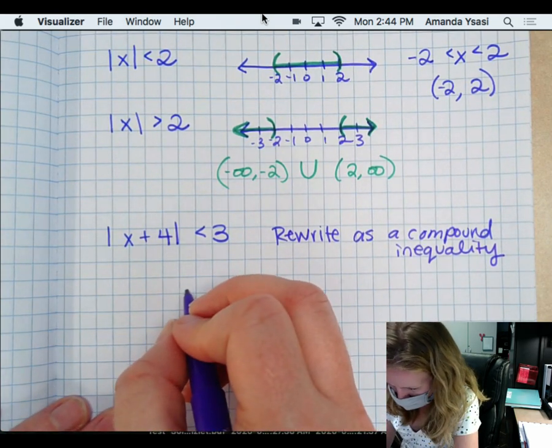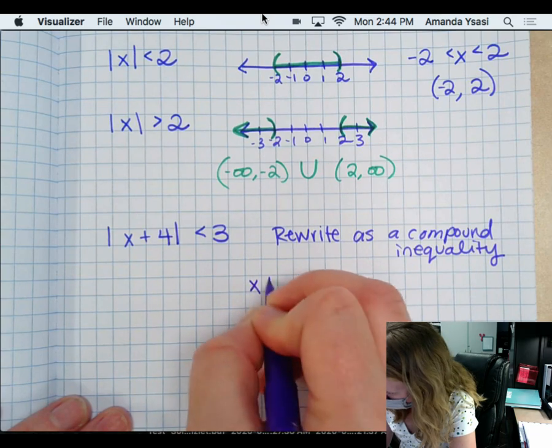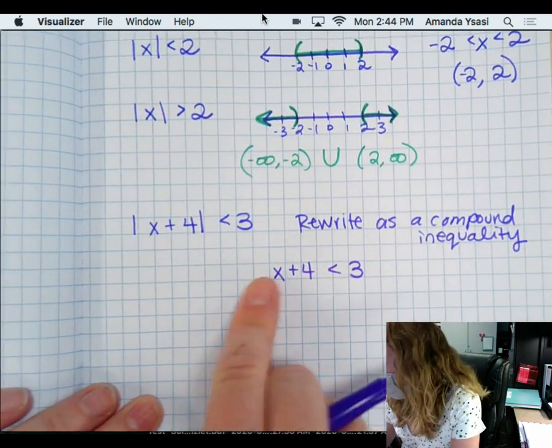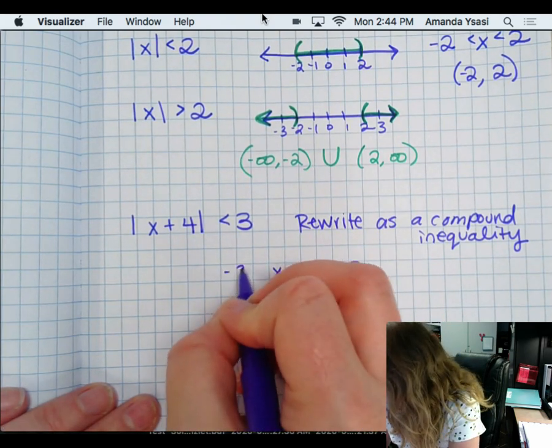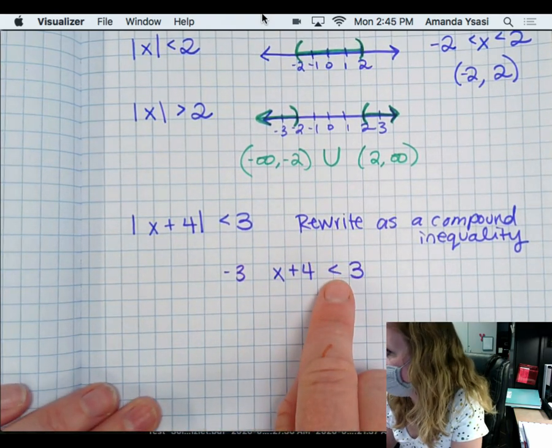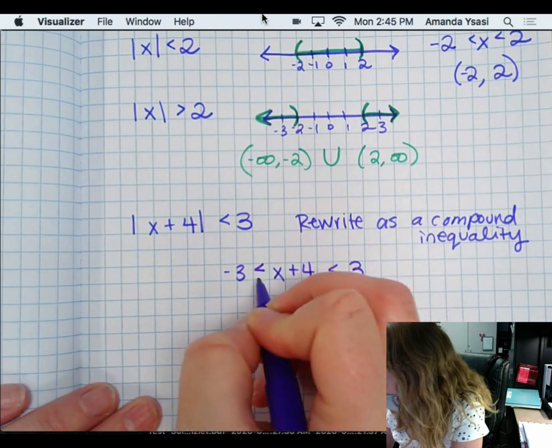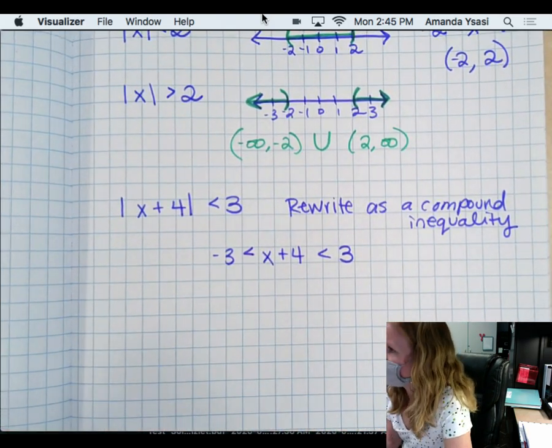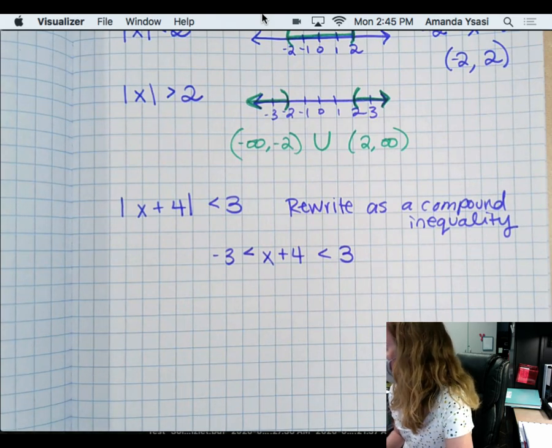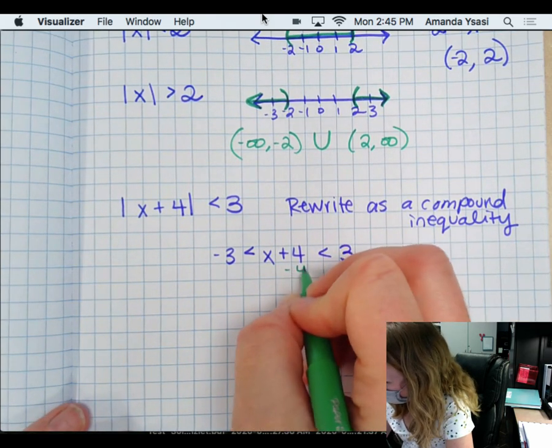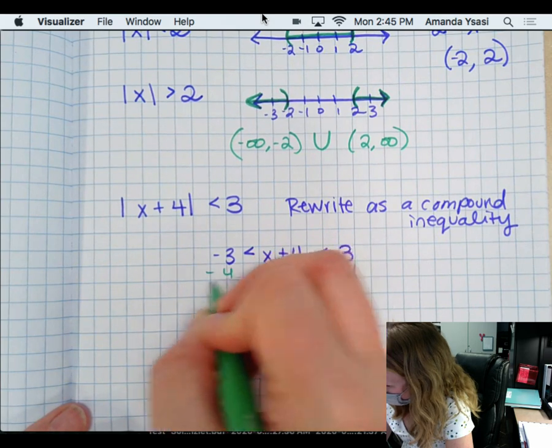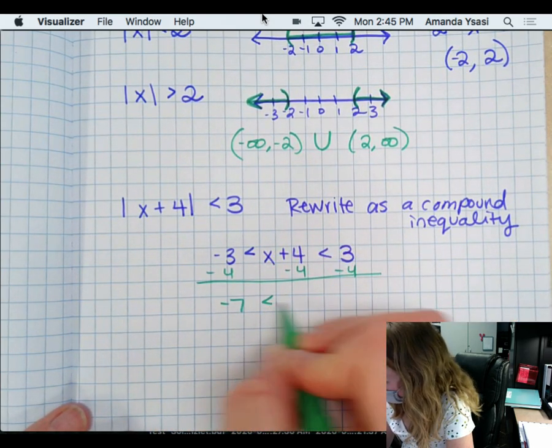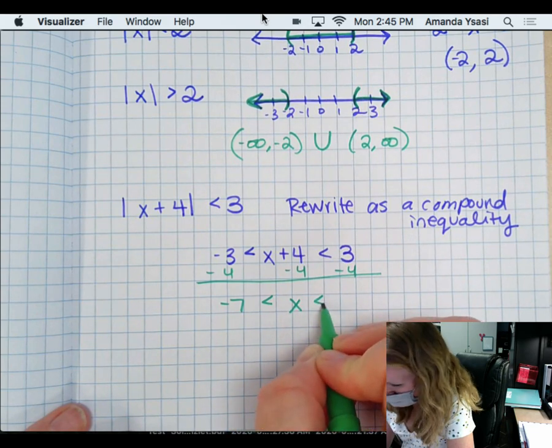So we would rewrite it as x plus 4 is less than 3. And then on the other side, we'd put the -3, and we'd put the same symbol. So you'd subtract 4 on both sides. So -7 is less than x is less than -1.